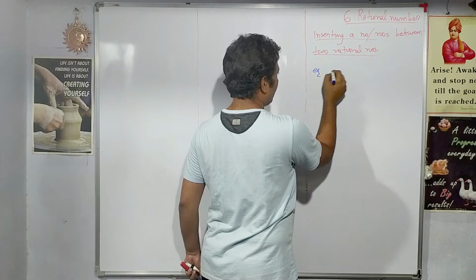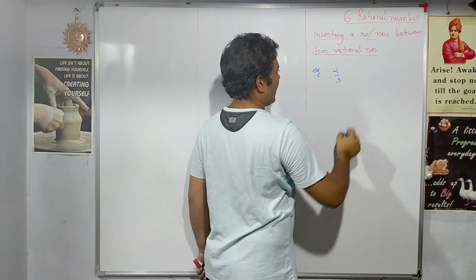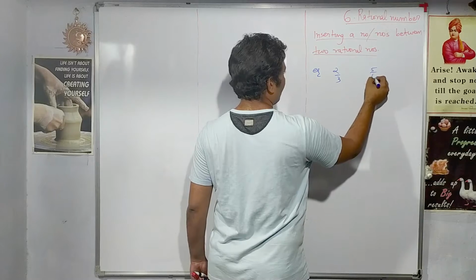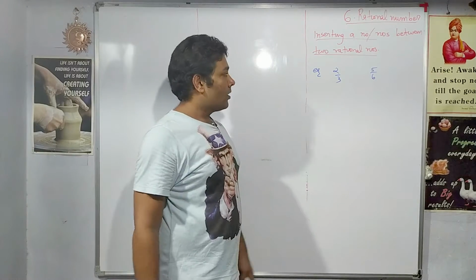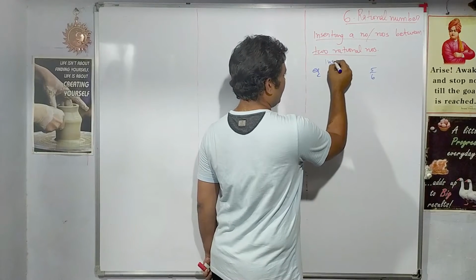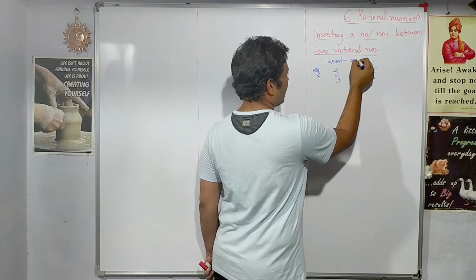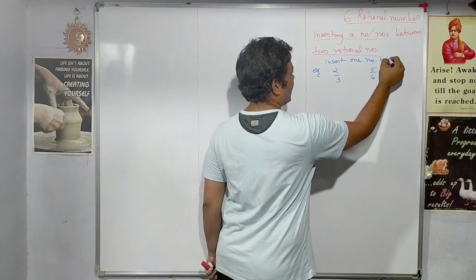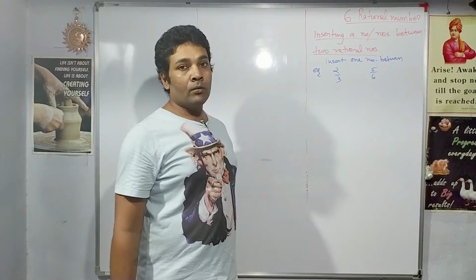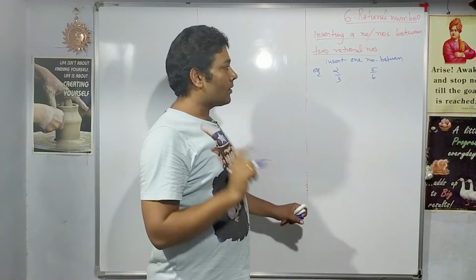Let us say you have been given 2 by 3 and you have been given 5 by 6. You have to insert one number between these two numbers, right? So how will you insert one number between these two numbers?